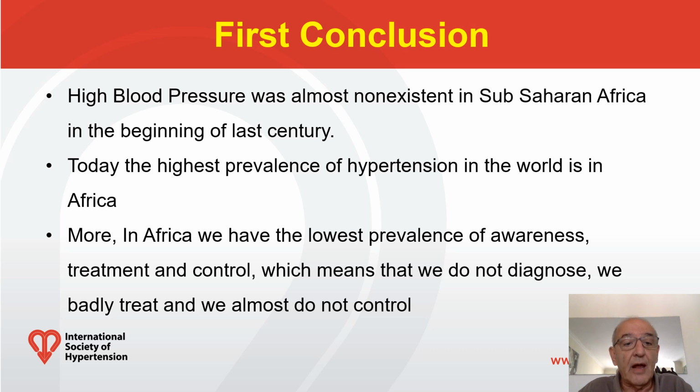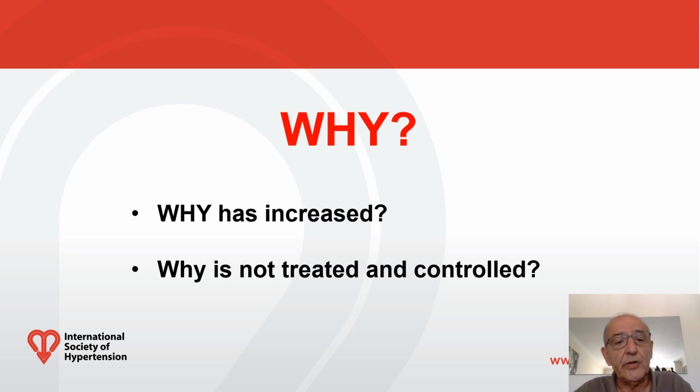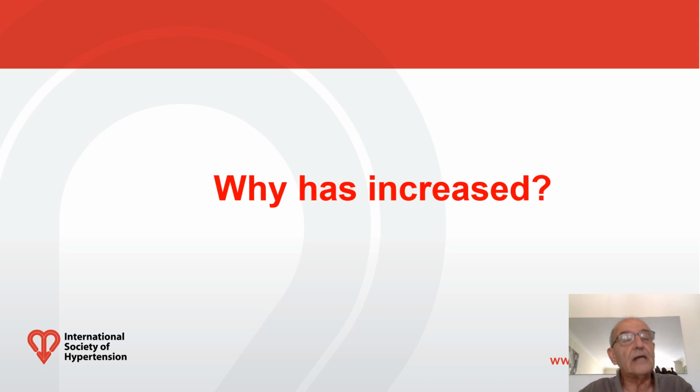In Africa, we have the lowest prevalence of awareness, treatment, and control, which means that we do not diagnose, we badly treat, and we almost do not control. But I would like to discuss with you why. Why has blood pressure increased first, and then why is it not treated and controlled. Let us start with why it has increased.